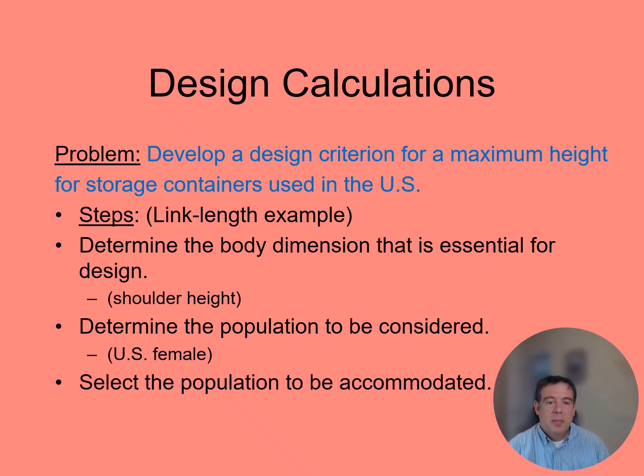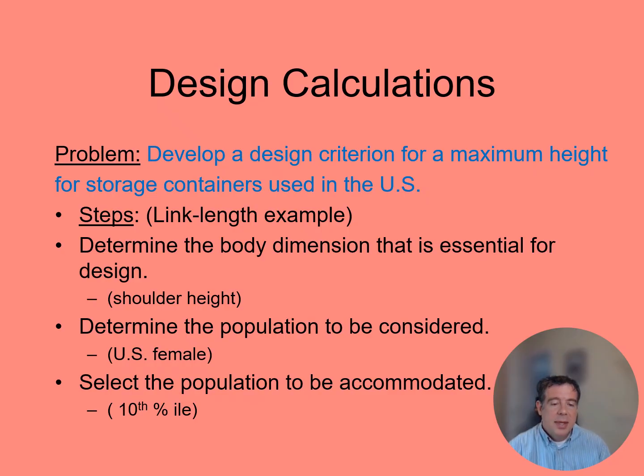Actually this is a little bit different, sorry. Instead of the height, we're using the length for the shoulder height. So what we're doing is similar to that reach principle. So we want the smallest, and so we have the females, and so we're using the 10th percentile.